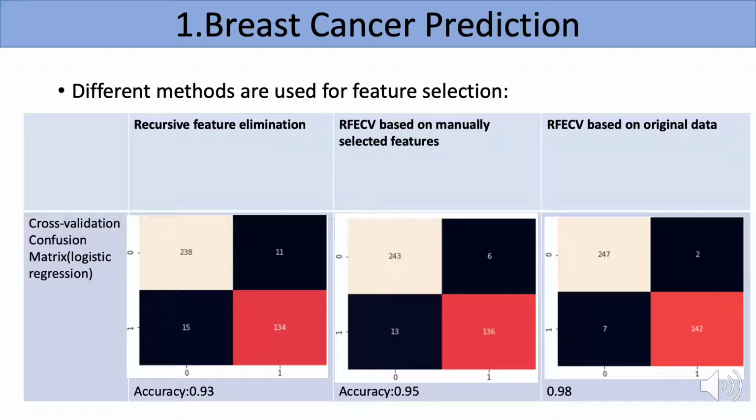If we do a grid search on the 11 features that we chose before, we get 6 features out of those, and we get an accuracy of 0.95. And if we do a grid search based on the original data, we can get 0.98 accuracy. So many of the features do not influence the prediction much.